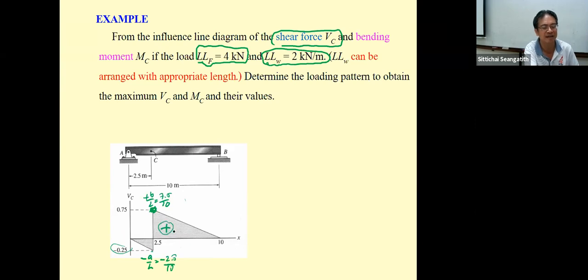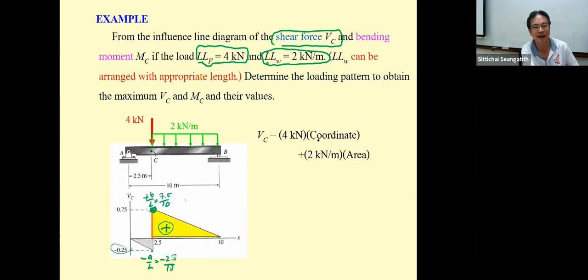And since this is the maximum influence, we have this loading pattern, and we can determine the 2 kilonewton per meter, that's the uniform load, times the yellow area, sorry, and then 4 kilonewton times 0.75. Okay, so the coordinate is going to be 0.75. The area is going to be the yellow area, and then you get 8.625. You can verify it easily.